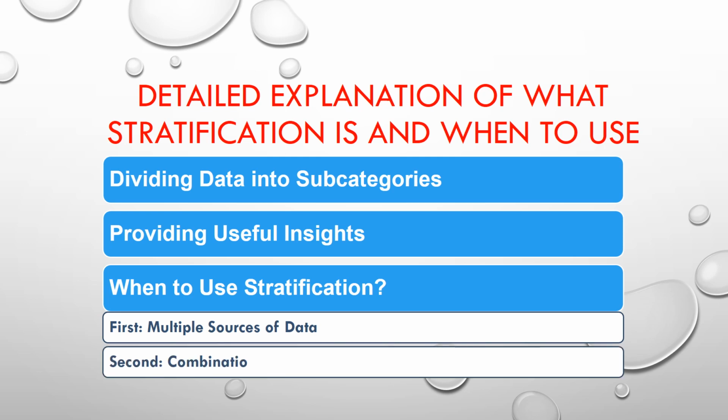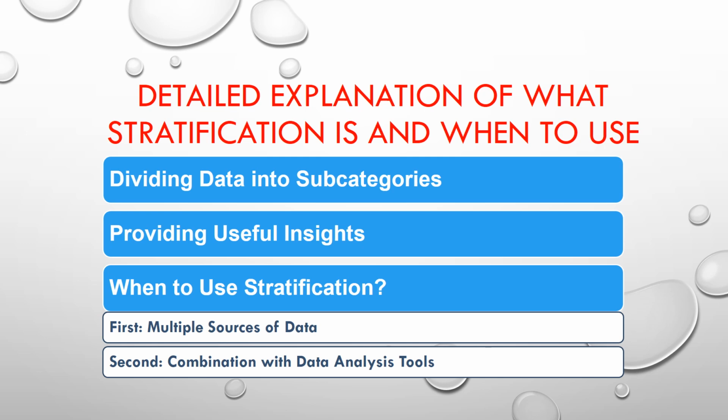Second, combination with data analysis tools. Stratification can be used in combination with various data collection and analysis tools, such as check sheets, scatter diagrams, control charts, histograms, or any other statistical methods. By stratifying the data before applying these tools, you can gain a deeper understanding of the relationships and trends within each stratum.